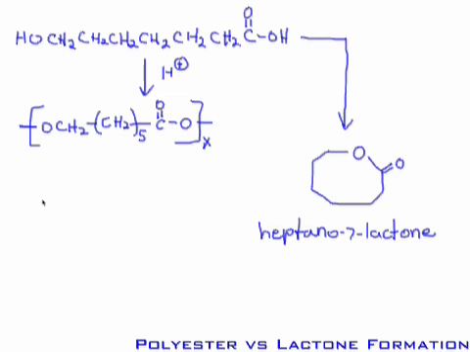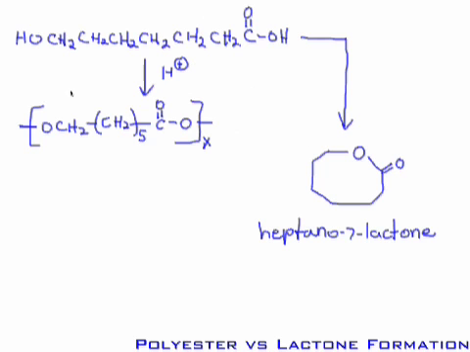The only way to do that is stop or slow down this polymerization. How can you slow down this polymerization? Well, to form the polymer, one molecule of 7-hydroxyheptanoic acid must crash into another molecule. If you lower the probability of that collision by diluting the solution, you give more time for the molecule to wrap around and hit itself.